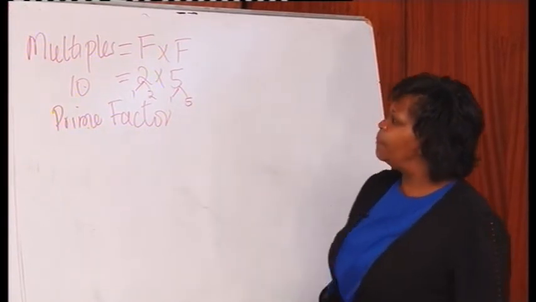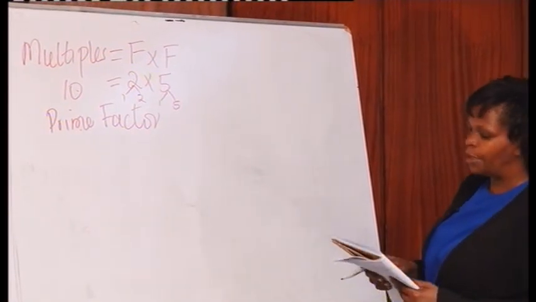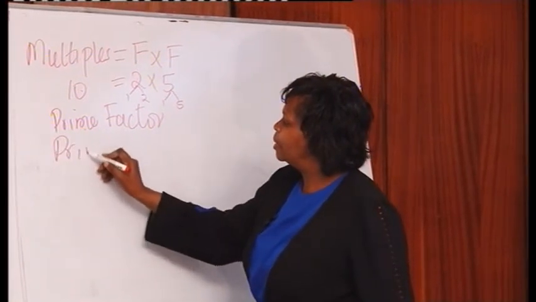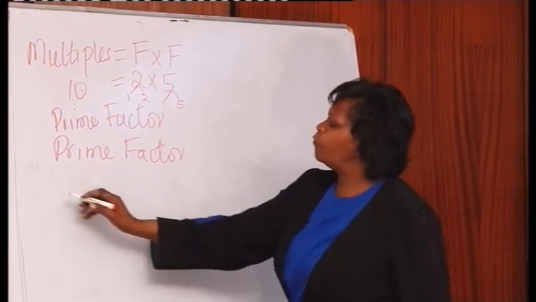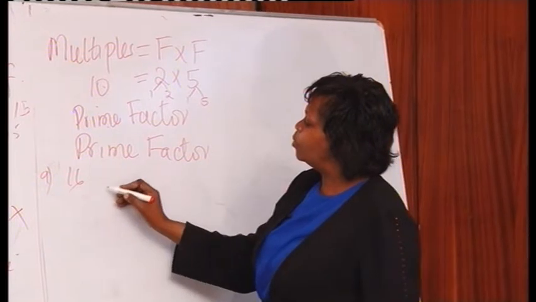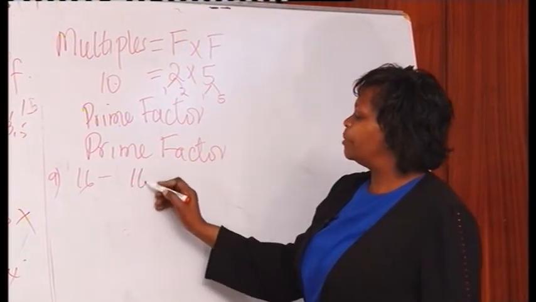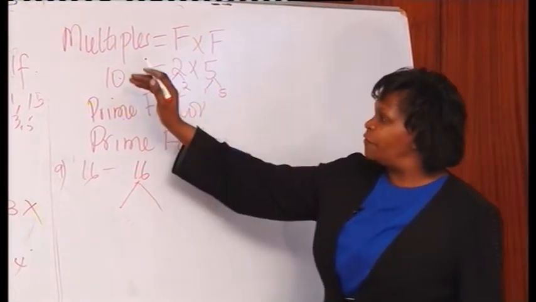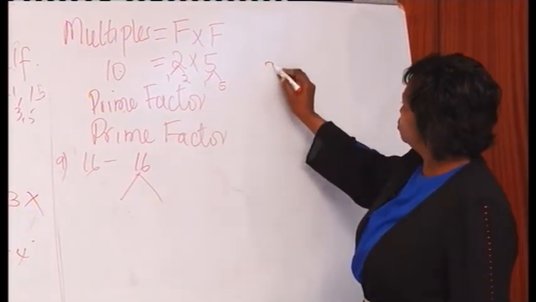So when I do the prime factors, I'll use the factorization method. For example, if I'm to get the prime factors of 16, then I'll make what we call a factor tree, which will be by dividing the 16, first of all, by the smallest prime number, which is 2.